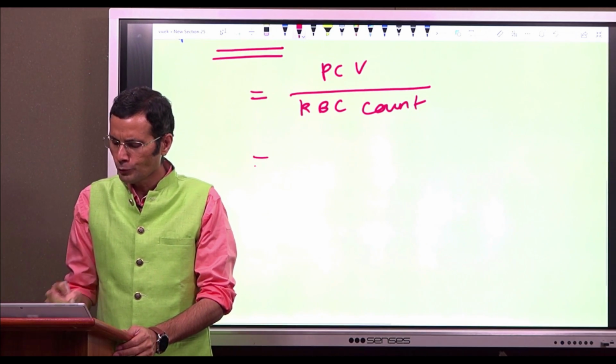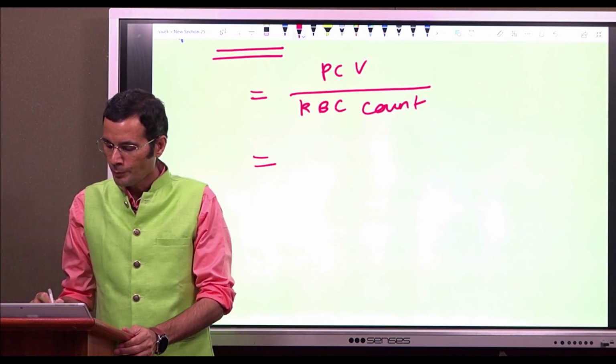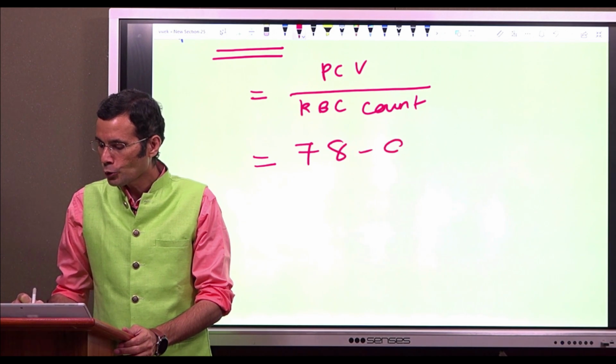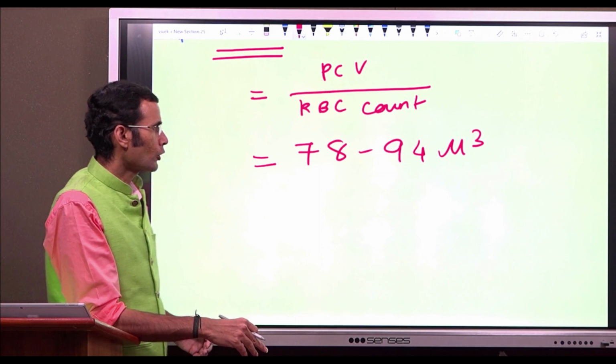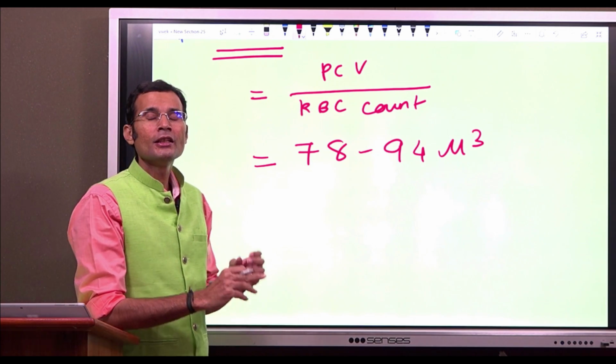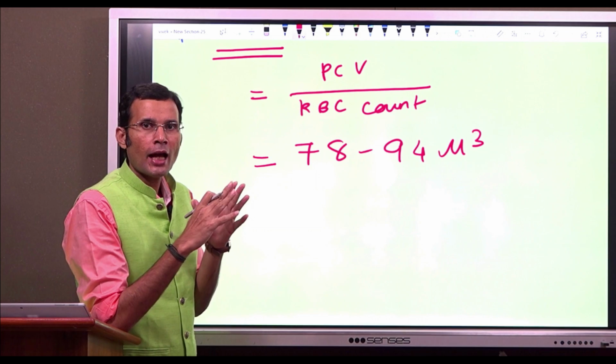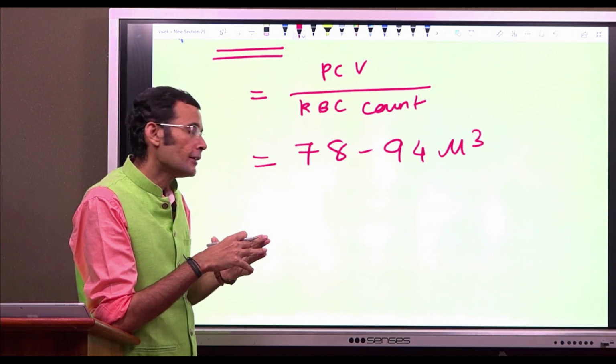Well, the normal value is 78 to 94 cubic microns. That's the average volume of one single RBC.